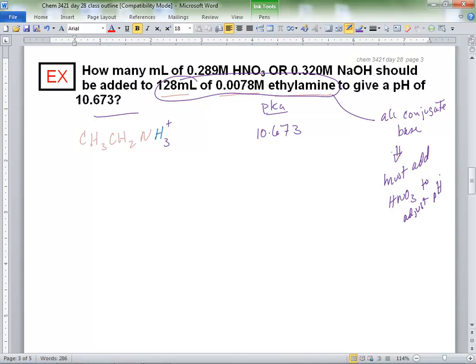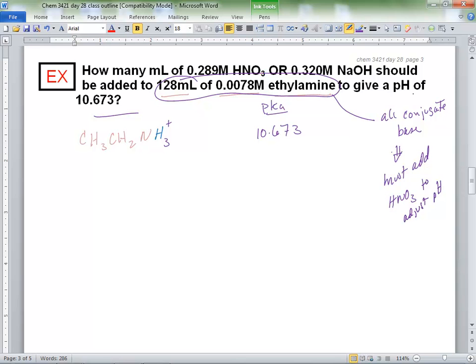I mean, you could add base, but then you're going way outside of its buffer region because you're all at conjugate base form now. You want to get where you have a substantial population of conjugate acid and conjugate base, so that it can do its buffer job. So you could add base, but that's just going to make the solution really basic.